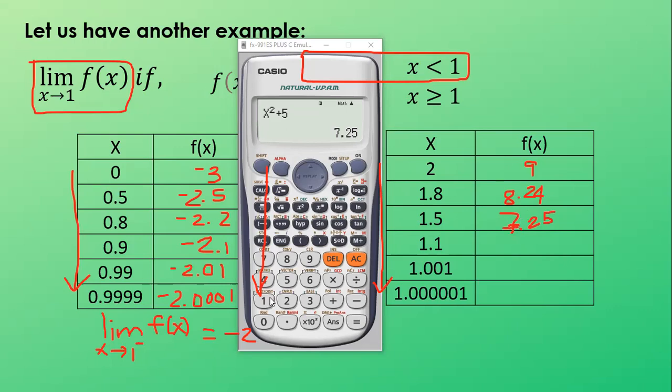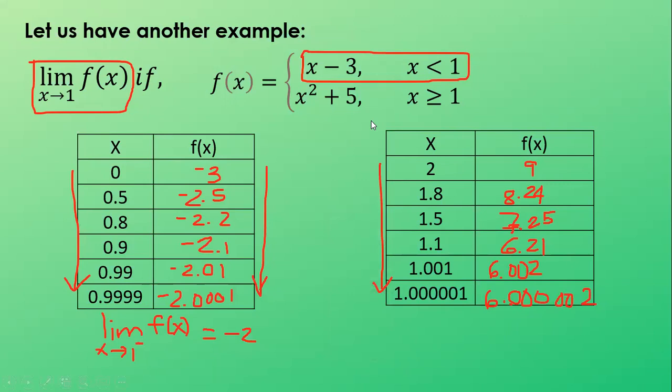If x is 1.1, 6.21. If x is 1.001, so that's 6.002 din na yan. So if 1.000001, our f of x is 6.000002. Okay, so that's it for our second table.